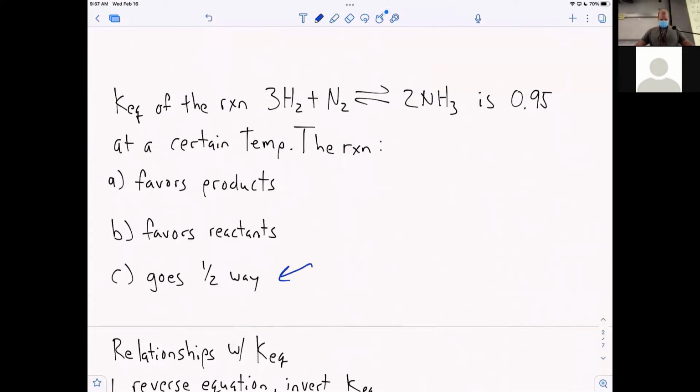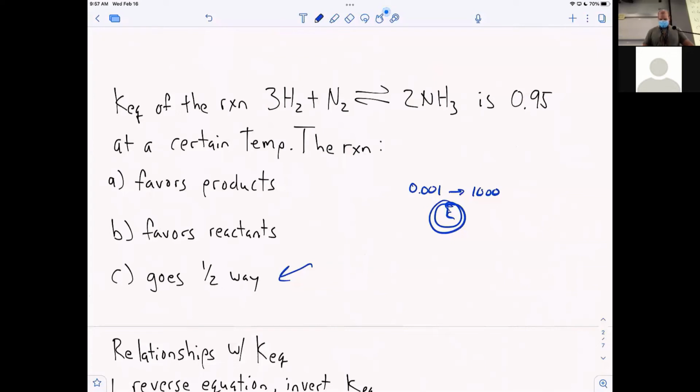Oftentimes, to give you an idea with chemical reactions, if the K value is between, say, 0.001 and about 1,000, it just depends on the chemical reaction.